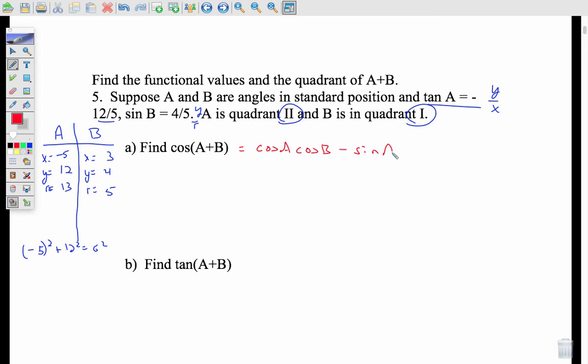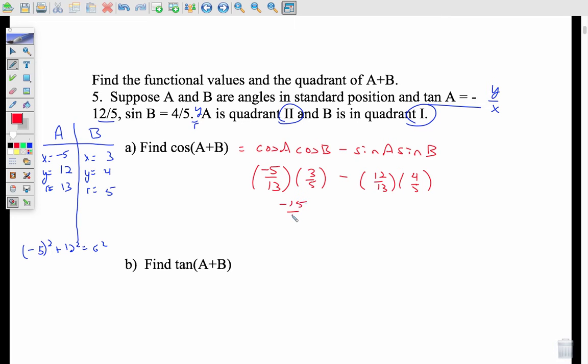Cosine of A plus B, if you recall, is the cosine of A times the cosine of B minus the sine of A times the sine of B. And now we'll make our substitutions. From angle A, the cosine is x over r, or negative 5/13. The cosine of B is x over r, or 3/5, minus the sine of angle A, which is 12/13, and the sine of angle B, which is 4/5.